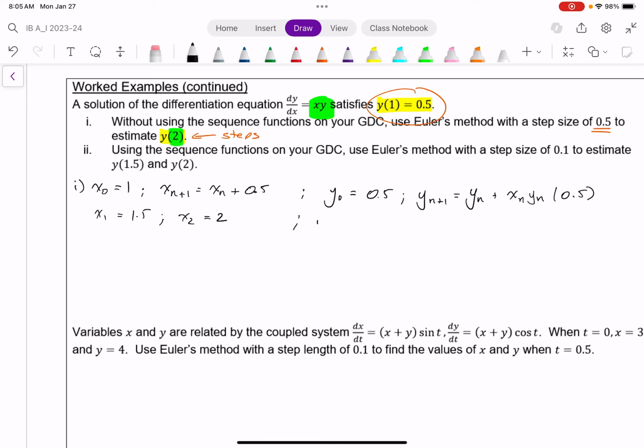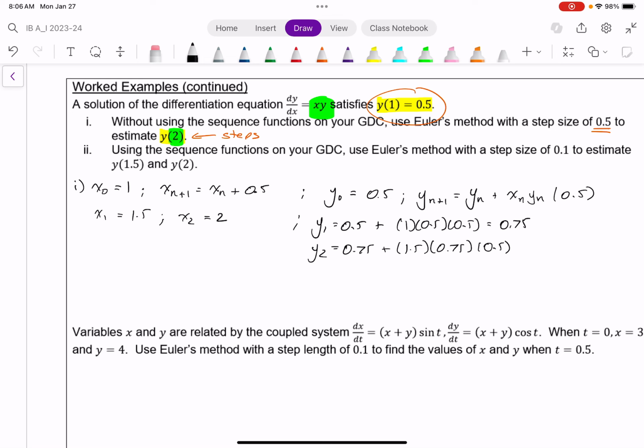And so we know that y1 is going to be the same as 0.5 plus x naught, which is 1, times y naught, which is 0.5, times the step size, which is 0.5. And if you can read my messy writing, we should get 0.75. And then y2 is going to be the previous term, which is 0.75, plus the previous x and y values, which is 1.5 for the x and 0.75 for the y, times the step size.